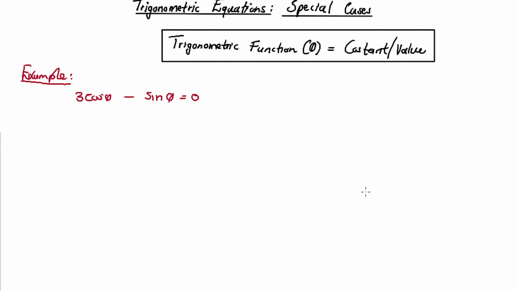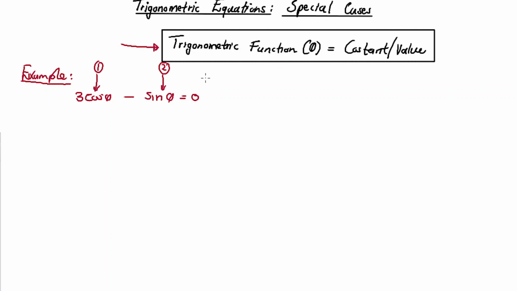The first problem we encounter with this problem is that I have 2 ratios under the same equation, but the generic form says you need only one trig ratio or function of theta equal to some constant, right?